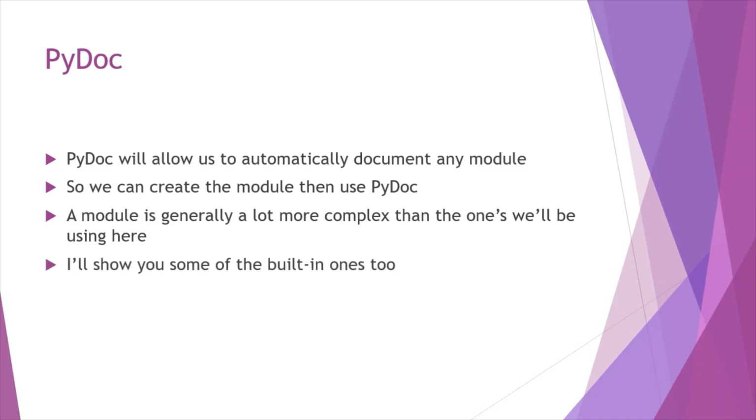I'll show you some of the built-in ones too, to see what they are and how they work. And PyDoc is directory sensitive, so make sure you're in the correct directory when you run it. It does take a module as an argument. If you run it with the module argument, it'll look to see if it's in that directory.